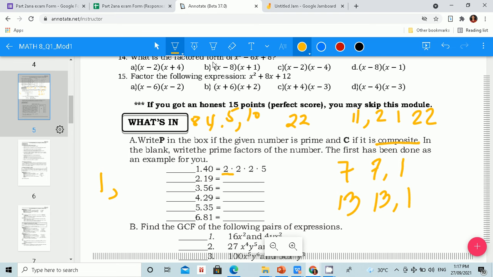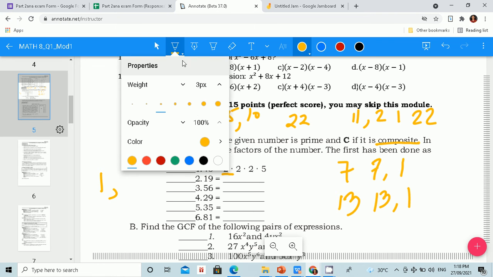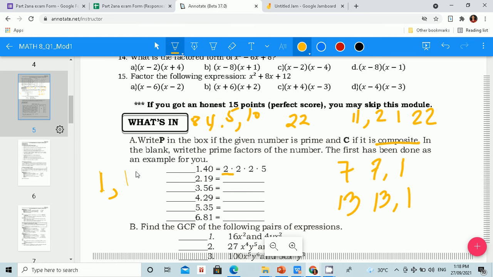What about the number 19? Do we have numbers that can be used to divide 19? No. We have only one and 19.